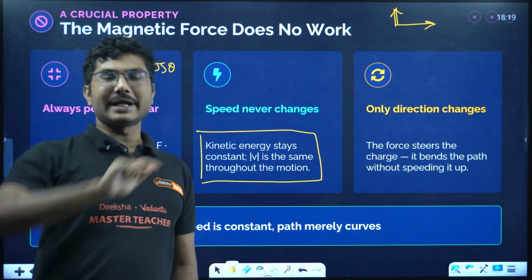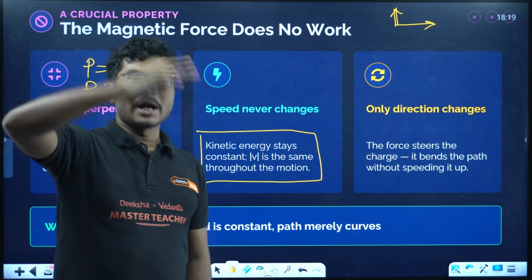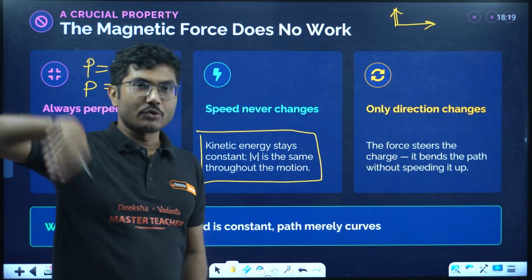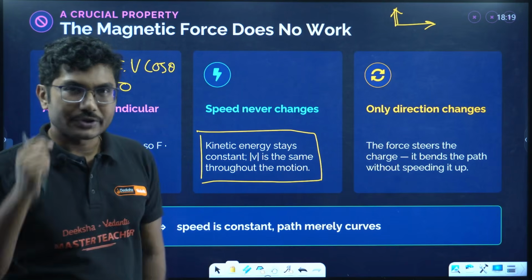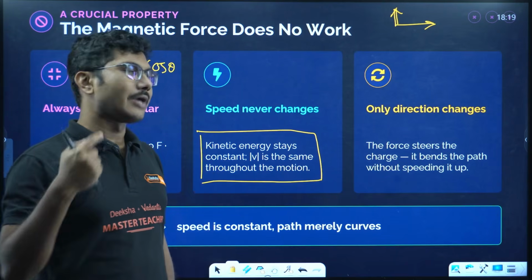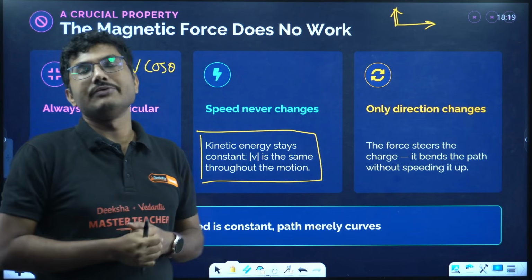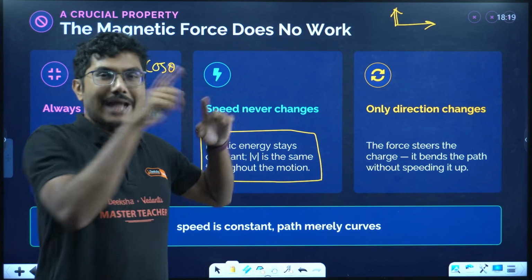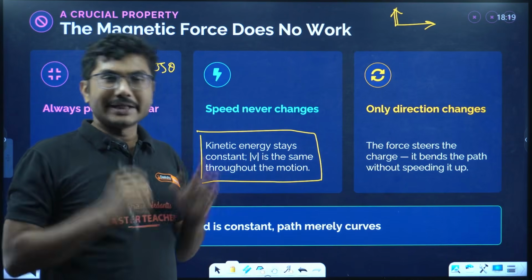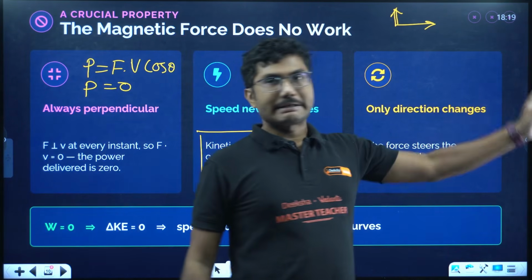Magnetic force can only bind a particle, as if to say, you are bound to me, you have to rotate around me. That's what magnetic force can do, but it cannot accelerate. The speed will not change. The magnitude of velocity will not change. The velocity direction will change, but magnitude wise velocity will not change. Only direction changes.